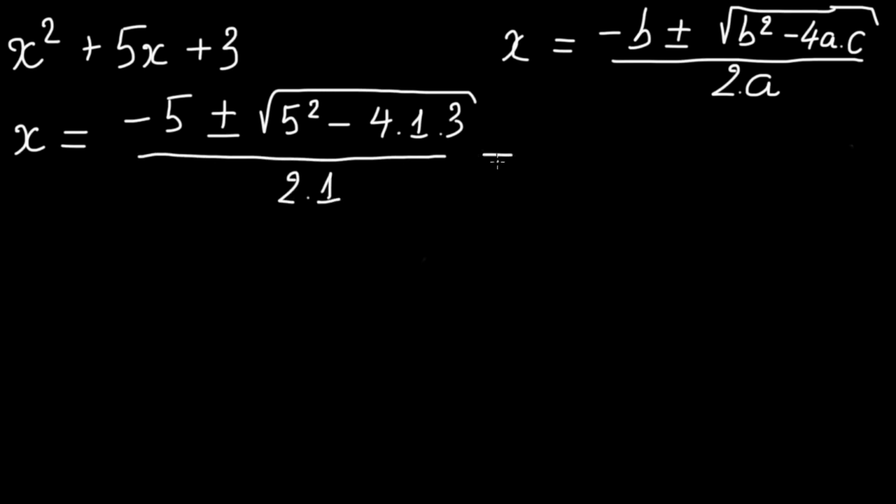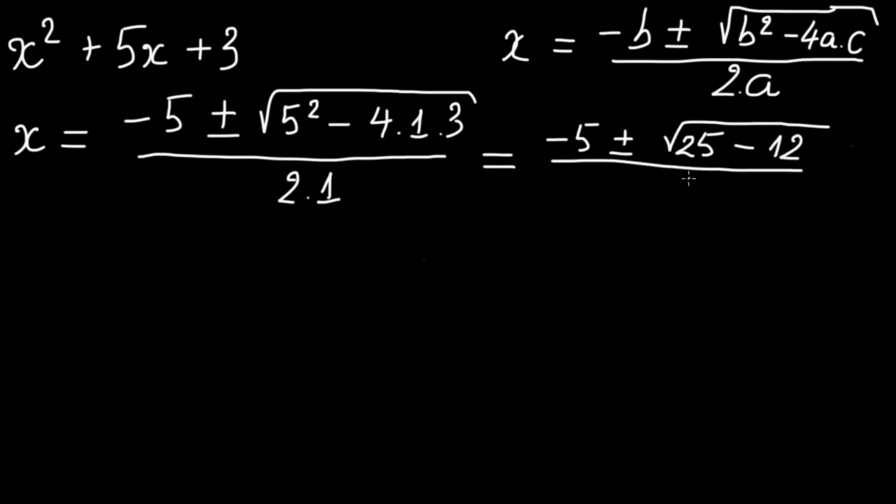And it equals negative 5 plus or minus the square root of 5 squared, which is 25, minus 4 times 1 times 3, which is 12, all divided by 2 times 1, which is 2, right?